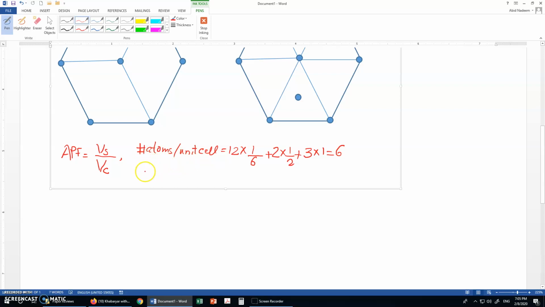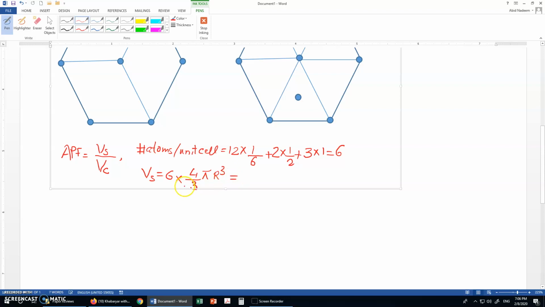The volume of one sphere is equal to 4/3 pi r cubed, where r is the radius of the sphere, and as we have determined, there are 6 atoms in the unit cell.